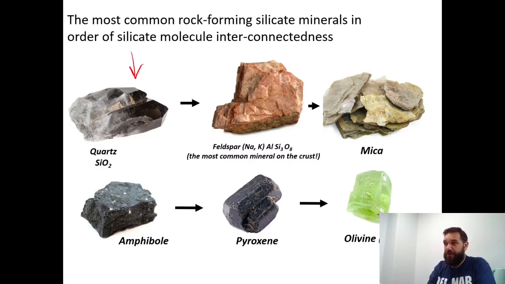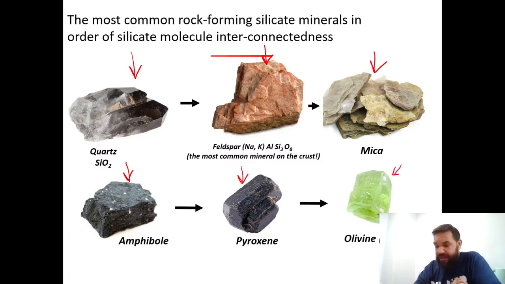It goes from quartz to feldspar to mica to amphibole to pyroxene and finally olivine. They are in an order of what's called silicate interconnectedness. I'm going to go through and show you exactly what I mean. In the meantime, make sure that you fill out number 18 here with these in this order.